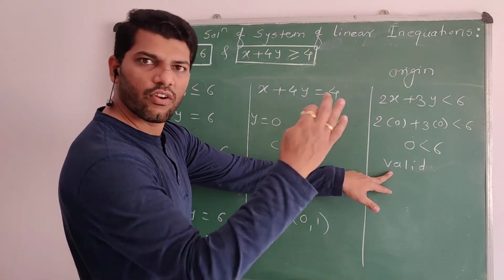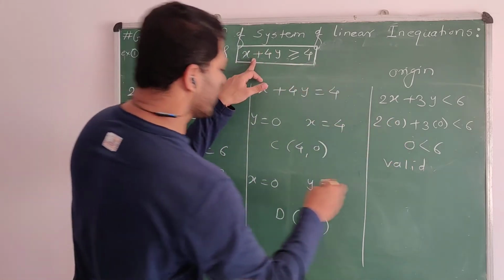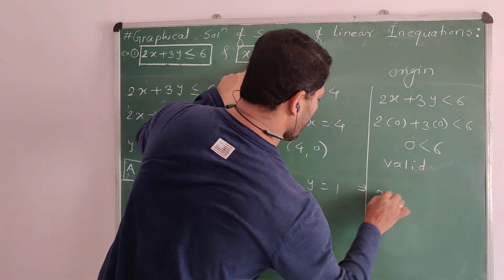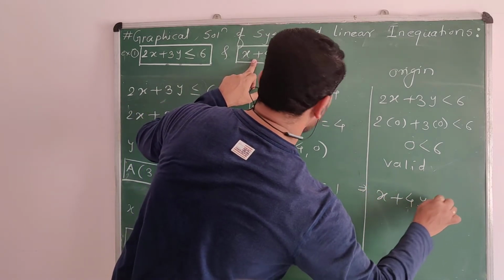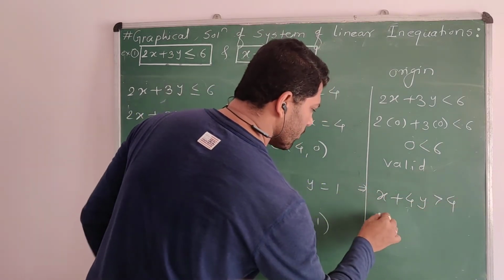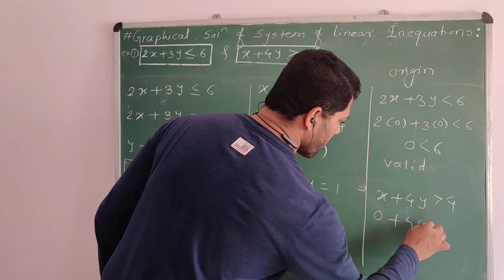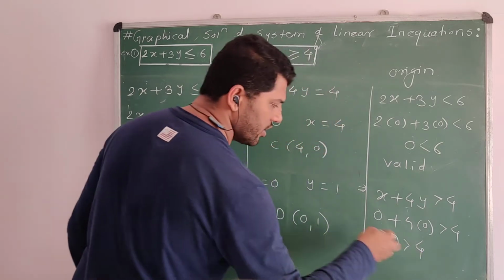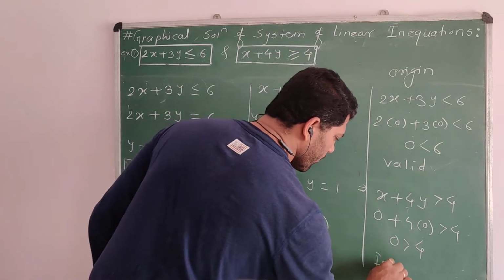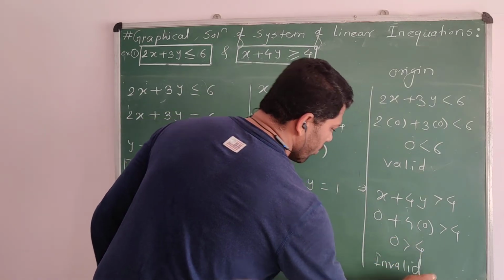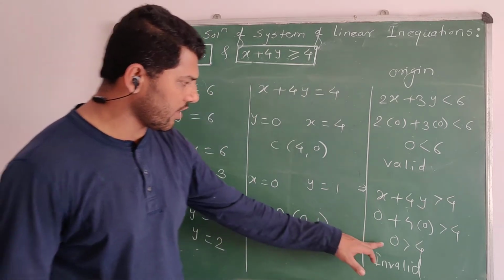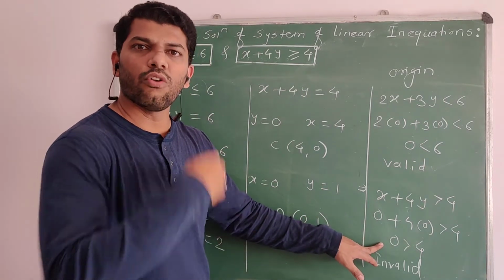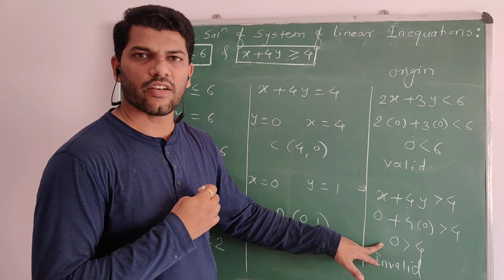Means you have to shade on the origin side. Let's consider the second inequality, x plus 4y greater than 4. Now substitute the origin here. You observe 0 is greater than 4, which is invalid, means the origin is not a part of the solution set, means you have to shade the non-origin side.